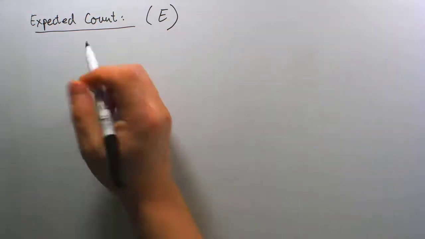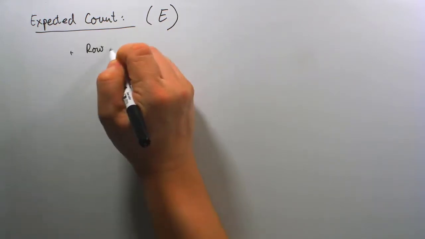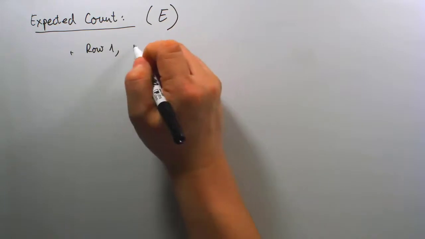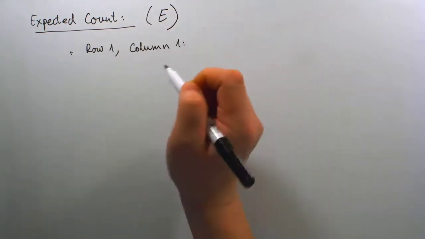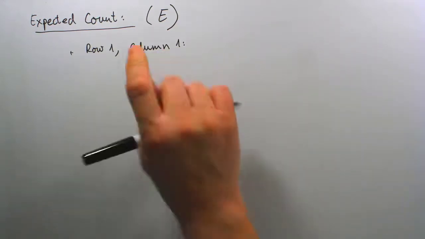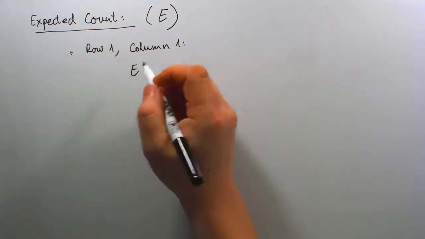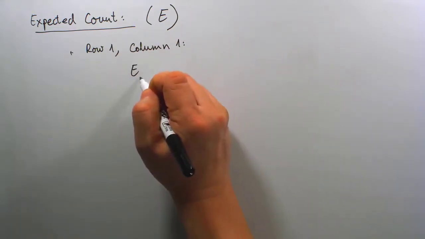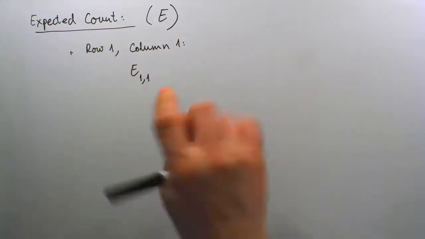But so here, let's say if we're looking at row 1, column 1, then very similar to how I explained about the observed count, the expected count that happened in row 1 and column 1 is notated as E with a subscript 1 for row 1 with a comma and another subscript right here for column 1.